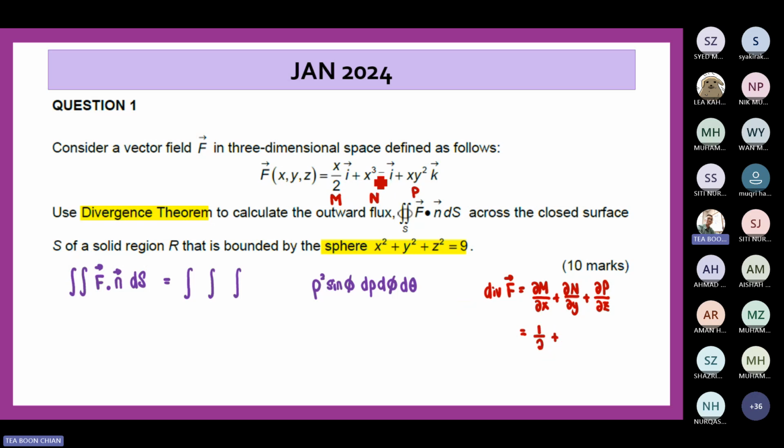Plus differentiating N, x cubed z, with respect to y gives 0 because there is no variable y there. Plus differentiating x y squared with respect to z also gives 0 because there is no z variable. Therefore, the divergence is simply the constant 1 over 2.